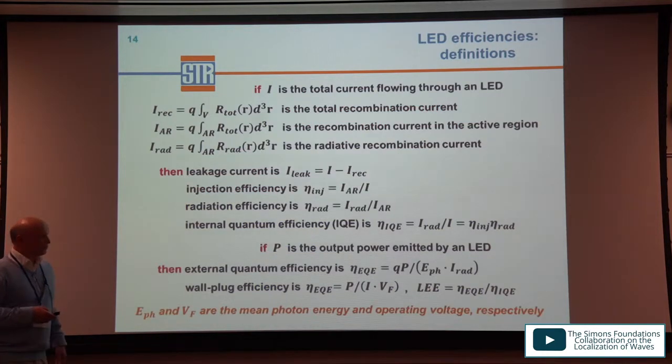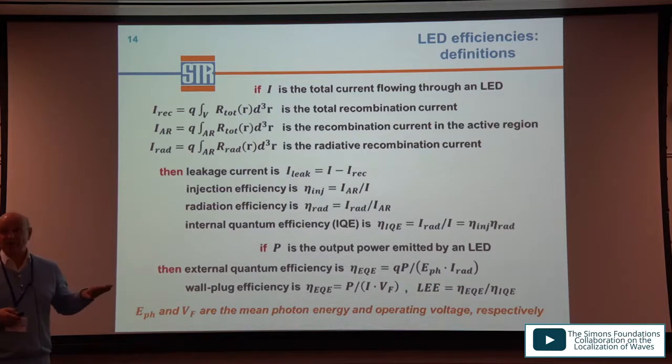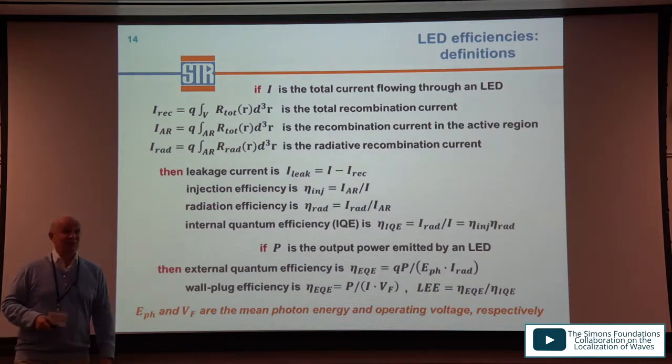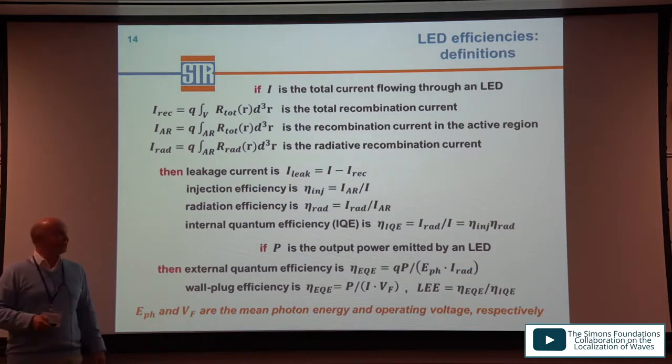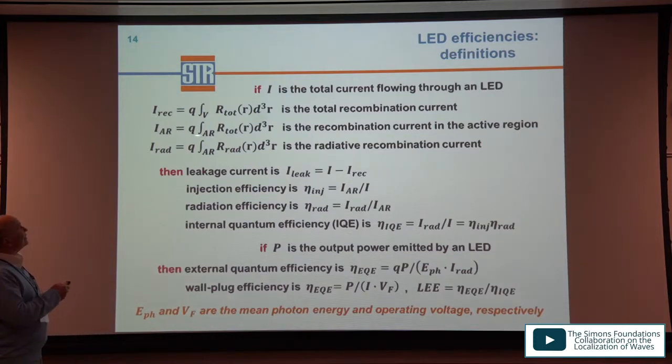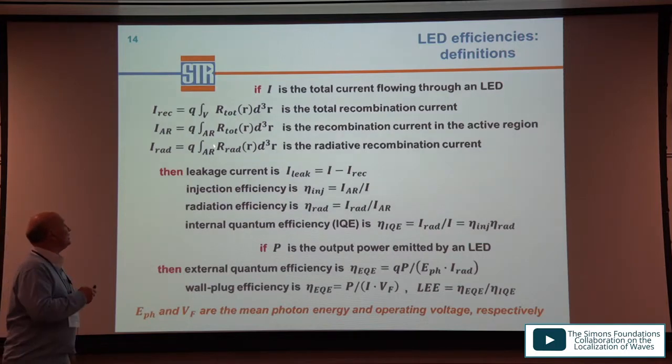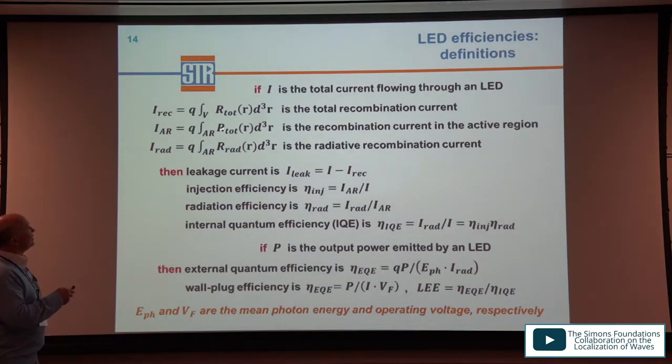Well, let me go very shortly through the efficiency of the LED. Here I have listed different efficiencies mentioned in the literature. First of all, we can introduce the recombination current in the whole structure, the recombination current in the active region, and the radiative recombination current in the active region.